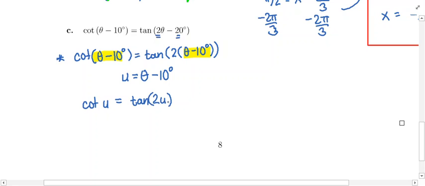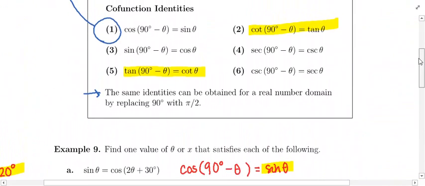So now I see a cotangent of u popping up. So when I go to pick one of these cofunction identities, I want to match it with cotangent of u or cotangent of theta. So I need to use equation 5 here.